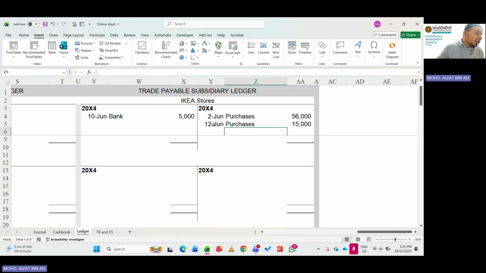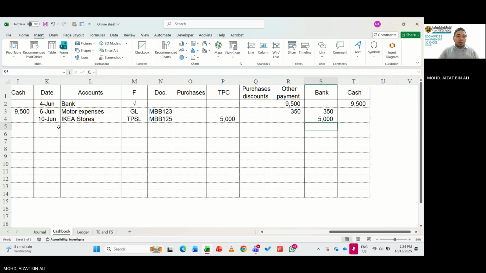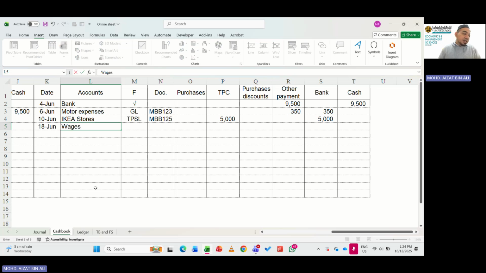Next, 18 June. Paid wages by check. We paid by check, so it goes into the cash book, credit side. 18 June, paid wages. So we write wages here. Where can we find the wages account later on? It will be in the general ledger.